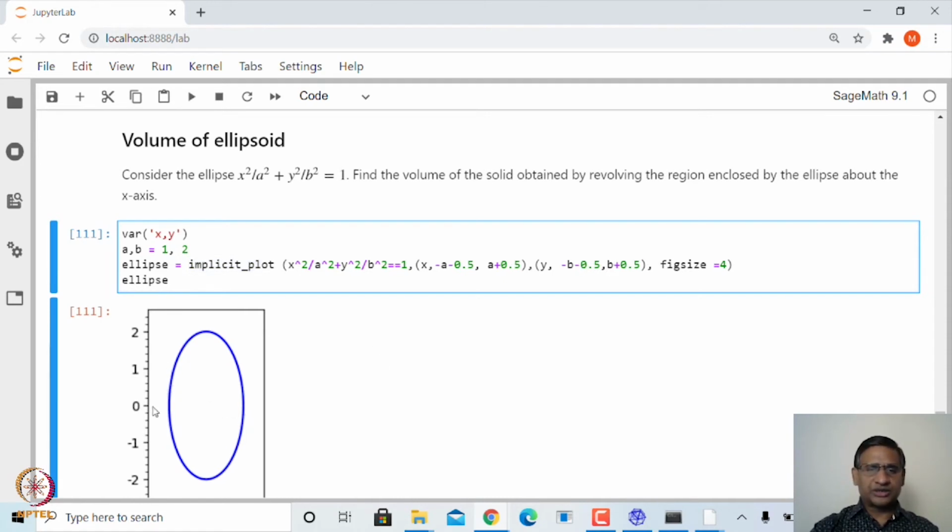Now, if you take the upper portion, the upper half ellipse, that can be obtained as y square upon b square is equal to 1 minus x square upon a square. Therefore, y square will be 1 minus x square upon a square the whole thing into b square, and then y will be the square root of that.